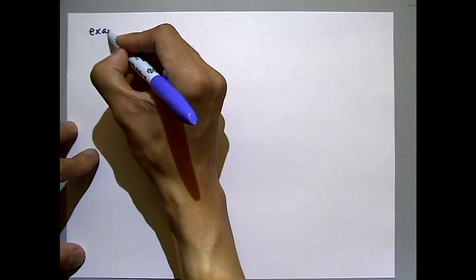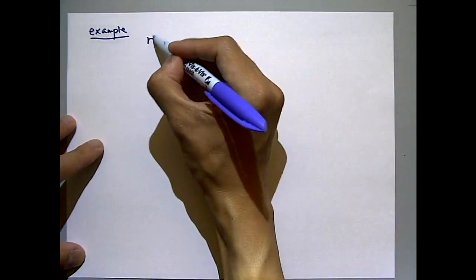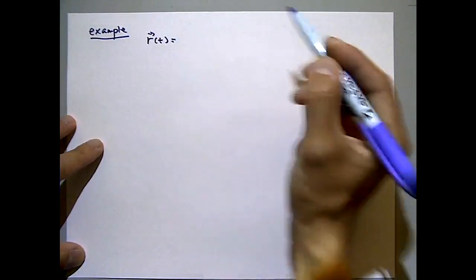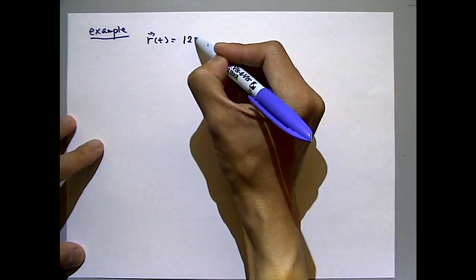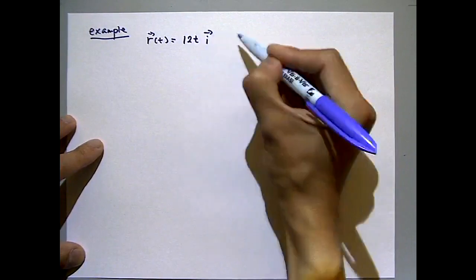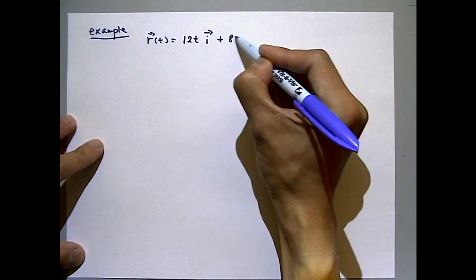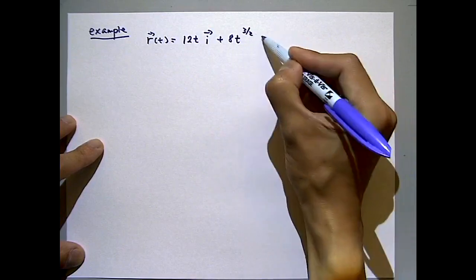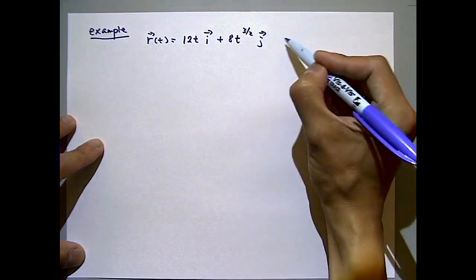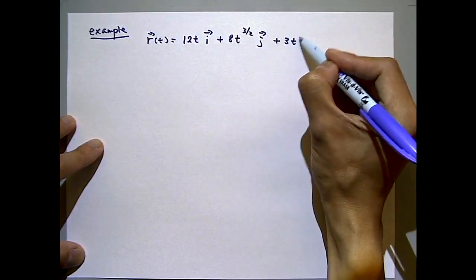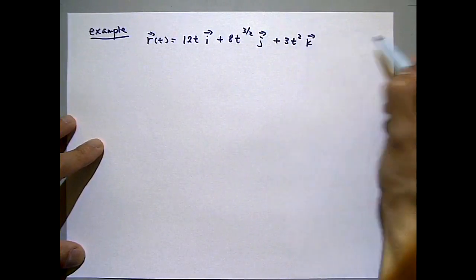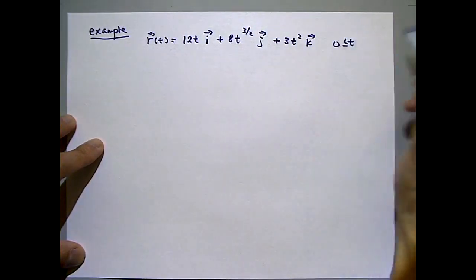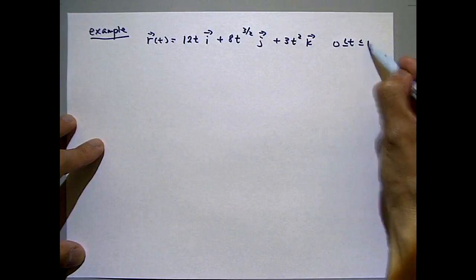Okay, let's try another one. Let's try this one. r of t is equal to 12t i plus 8t to the 3 halves j plus 3t squared k. And let's find the length from 0 to 1.